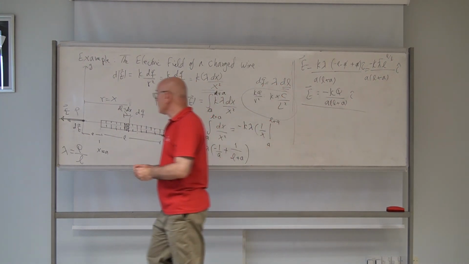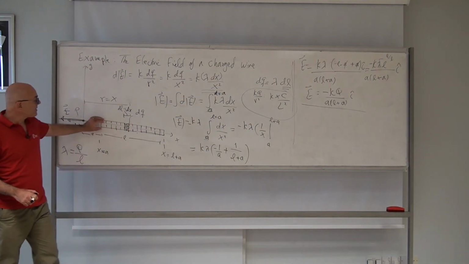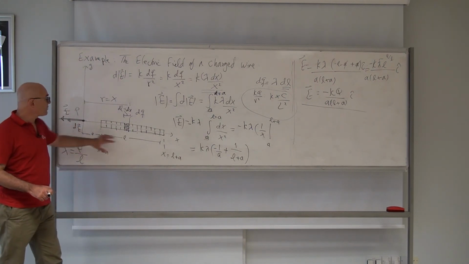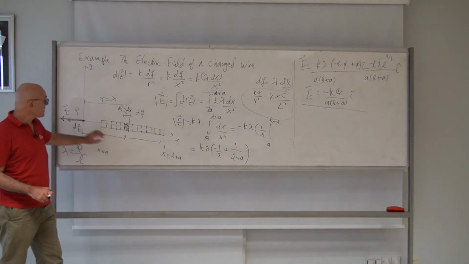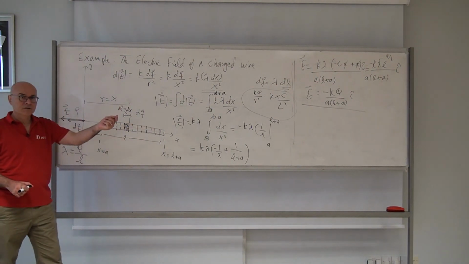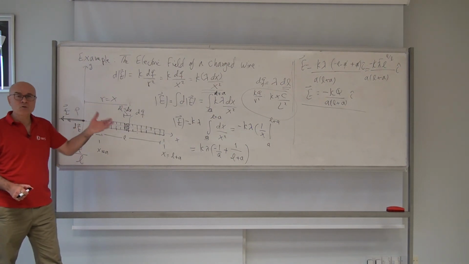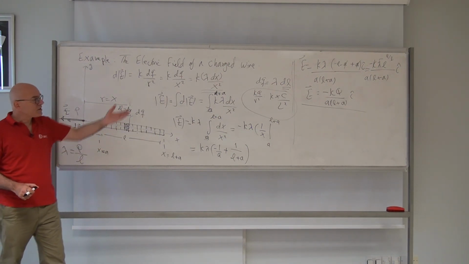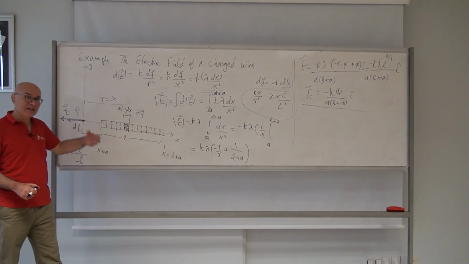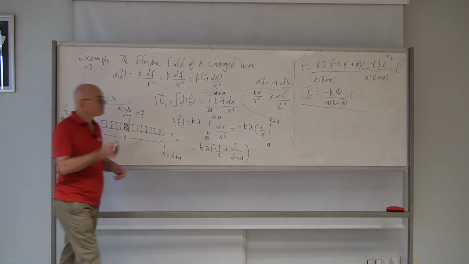For example, if you take this to large distances, that is, if you make A much larger than L, then from the origin, this line will look like a point charge at a distance A from the origin. So the electric field will be KQ over A square. Let's check that in this limit, our expression reduces to KQ over A square.